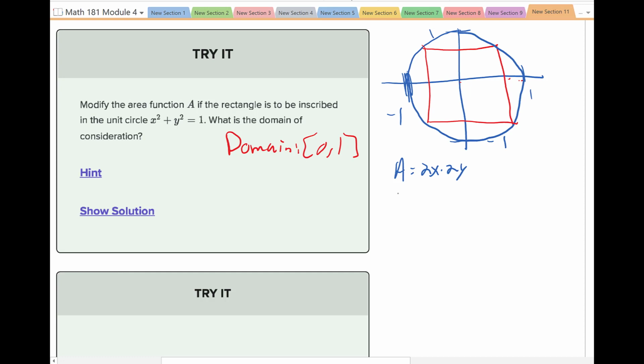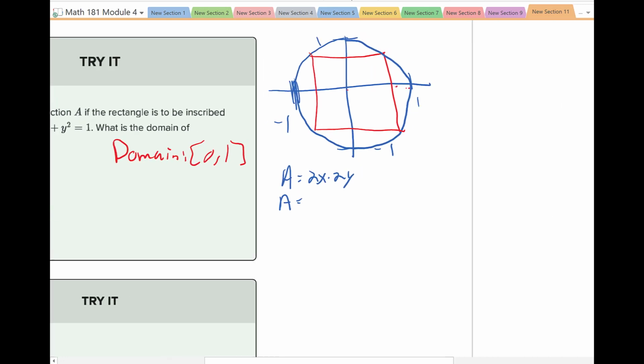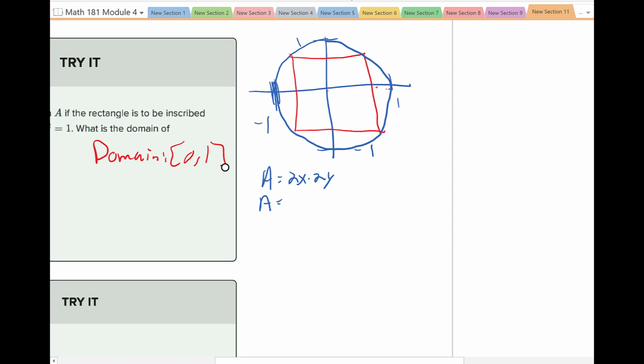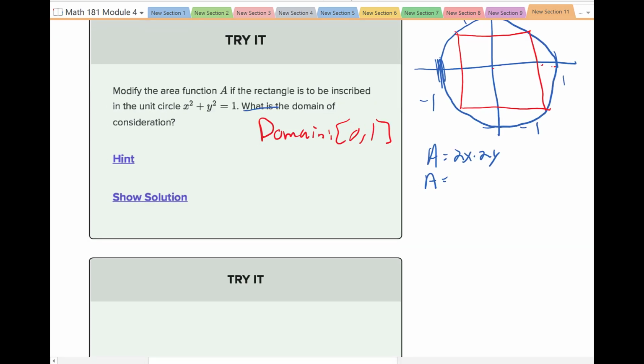So our area is going to be what? Well, let's do a little side math work over here. I think all they want us to do is, oh, what is the domain of consideration? That's all we had to do. It's just the domain. Here I am drawing figures and all that. So 0 to 1 is what we're after. It has to be within that.